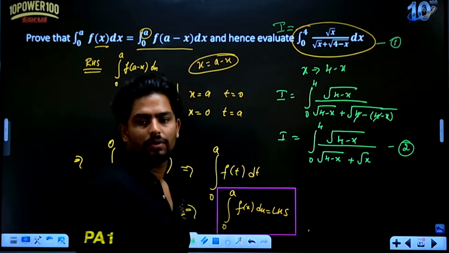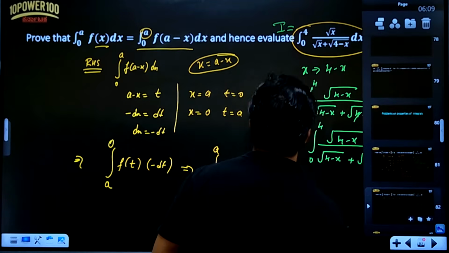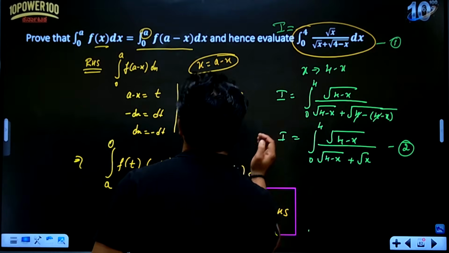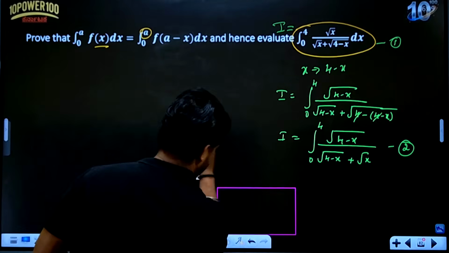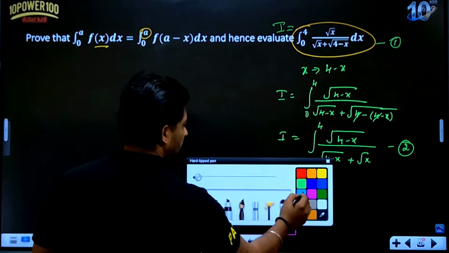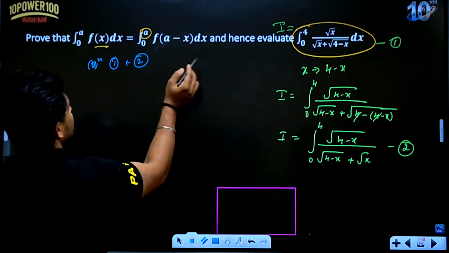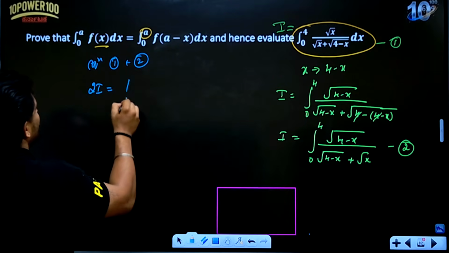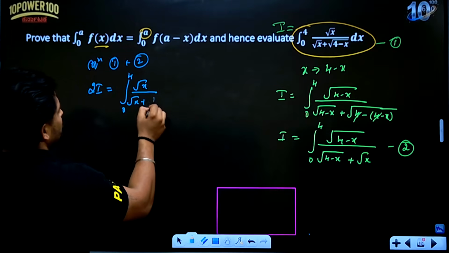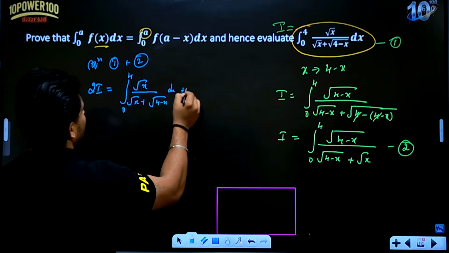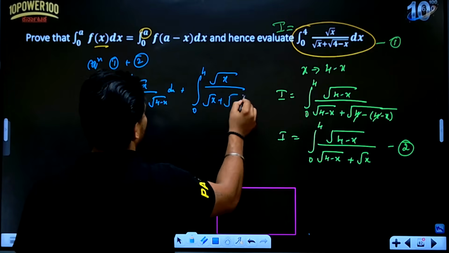So if you add these two, equation 1 plus 2, the left hand side I plus I is 2i. 2i is equal to integration of 0 to 4 root x divided by root x plus root 4 minus x dx, plus integration of 0 to 4 root x divided by root x plus root 4 minus x.